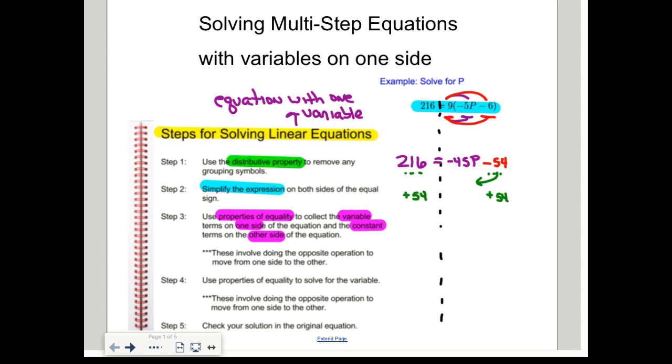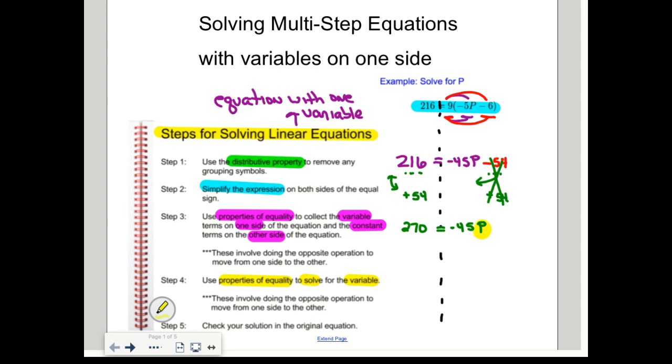And when we do that, we're going to take 216 plus 54, and we're going to combine these two, and we're going to get a 270. On the right side here, these cancel. That's the reason why we do the opposite sign. And so we're just left with a negative 45p. So then step 4 says use the properties of equality to solve for the variable. So if I'm looking, where's my variable?